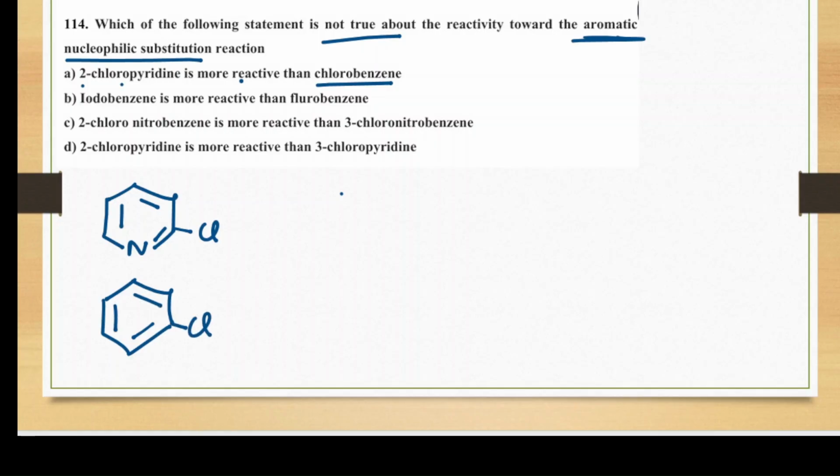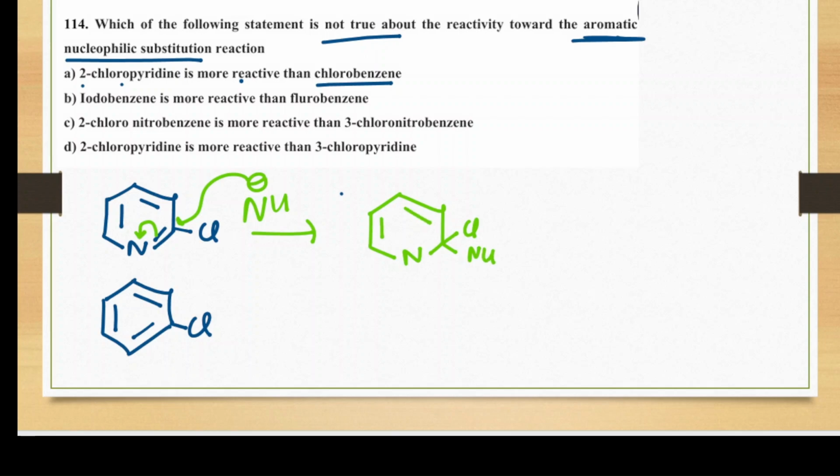The nucleophilic attack is taking place. If the nucleophile attacks this particular site, you can see the electron density shift. The negative charge will come onto the nitrogen center. Here the Cl and the nucleophile have attacked, and the negative charge comes onto the nitrogen after the attack.